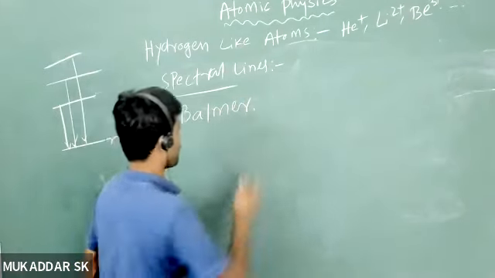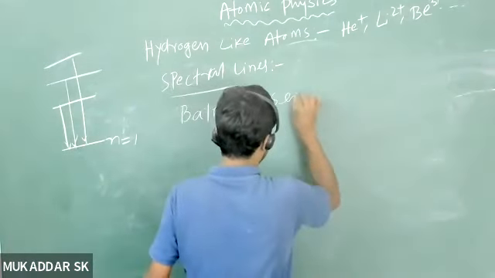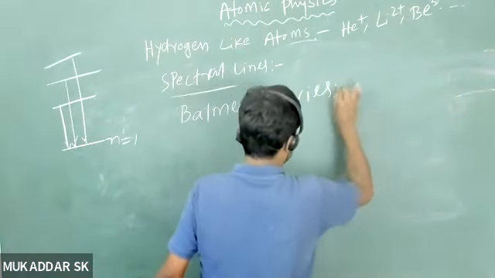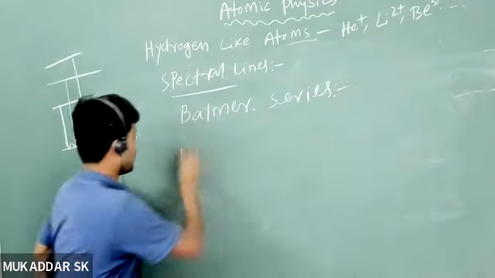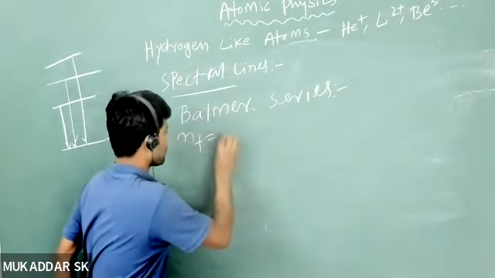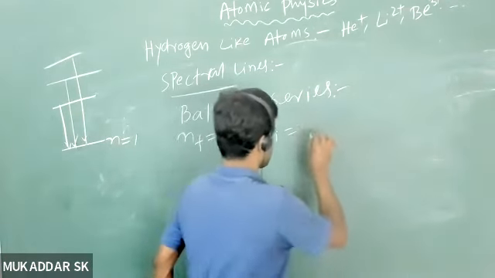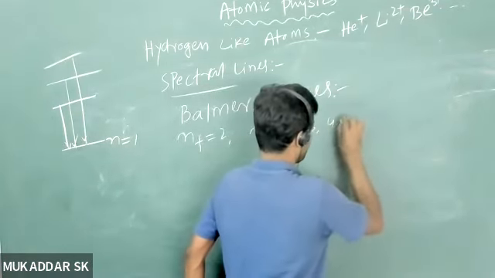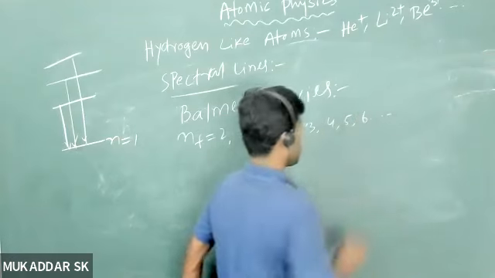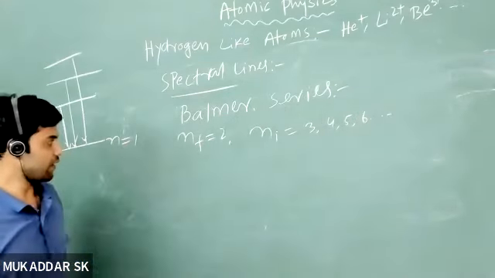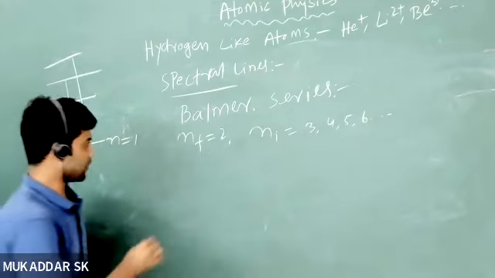Very good. So in the Balmer series, NF is 2, and Ni can be 3, 4, 5, 6, and so on. Then you will get that spectral line, and that is the Balmer series.